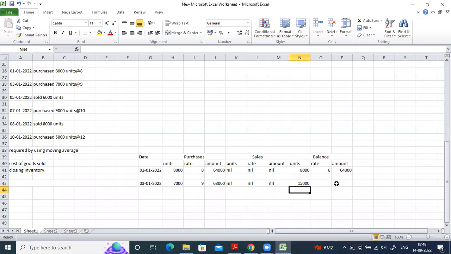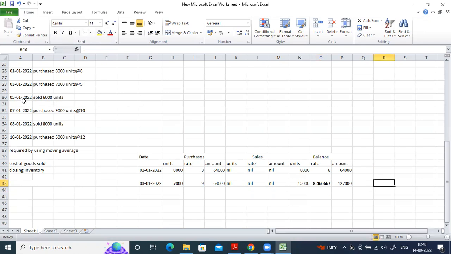And when it comes to amount, what is the balance? 64,000 plus 63,000, exactly 1,27,000. And the rate, how do we compute it? 1,27,000 divided by 15,000. So 8.46 will be your rate. Is that clear, guys? Yes, sir.